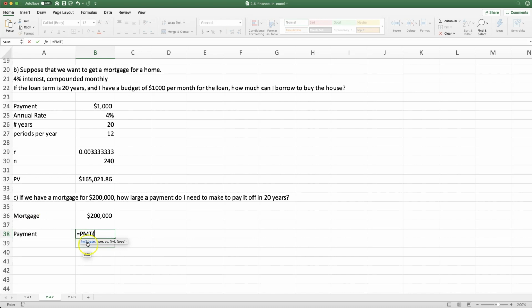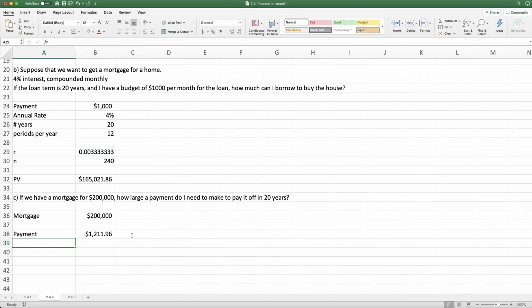The payment function requires a rate, R, the number of periods, N, the present value of the annuity, which in this case is the $200,000 that we've borrowed today. I'm going to put a negative sign in front of it. And finally, the future value of this loan, which is going to be 0 when we're done paying it off.